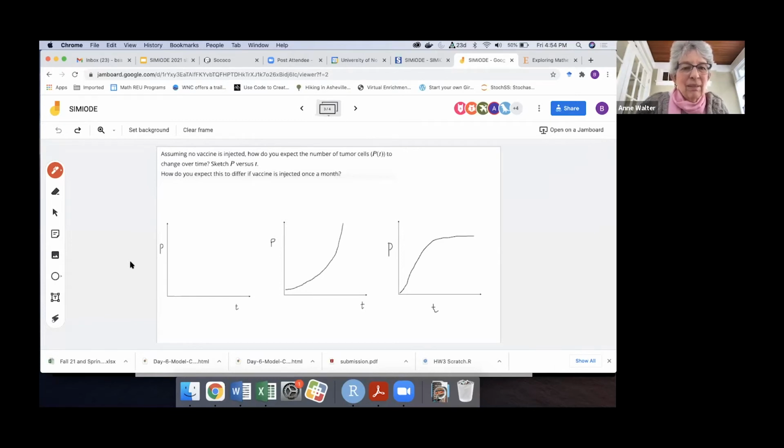Got a nice logarithmic model, got a logistic model. Oh, no vaccine. Got it. You guys are great. This is fun.